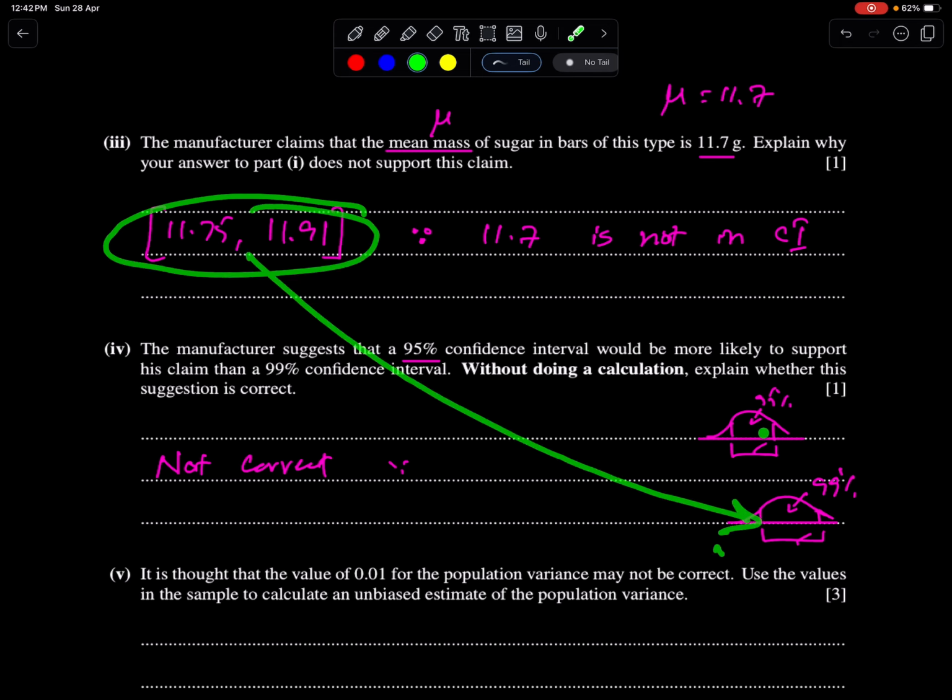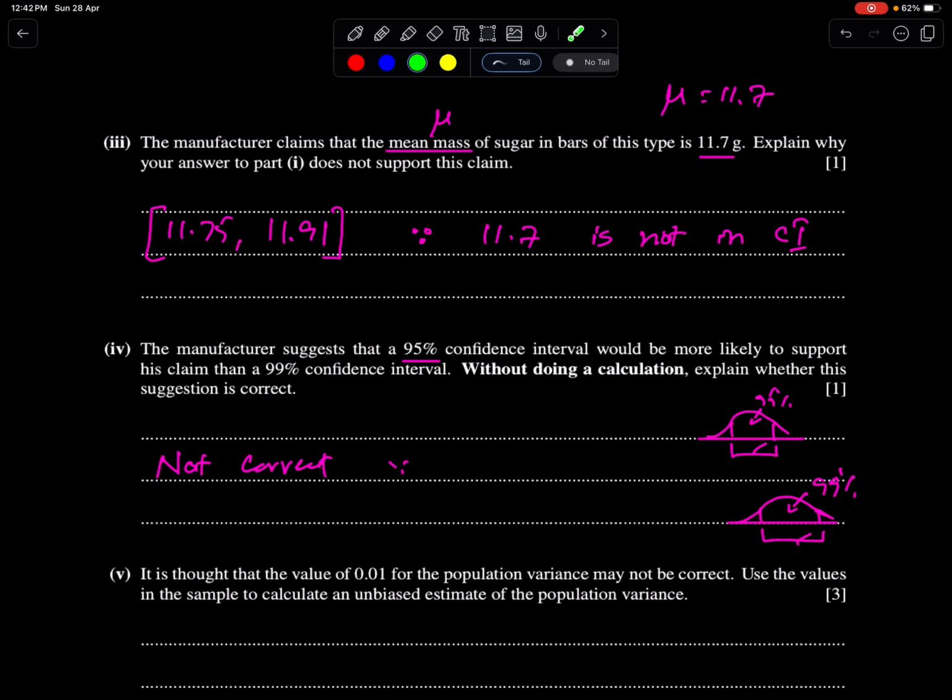In 95% confidence interval, these values will be smaller. I mean, this is greater value and this is smaller value. So you have to write not correct because 95% CI is narrower than 99% CI.